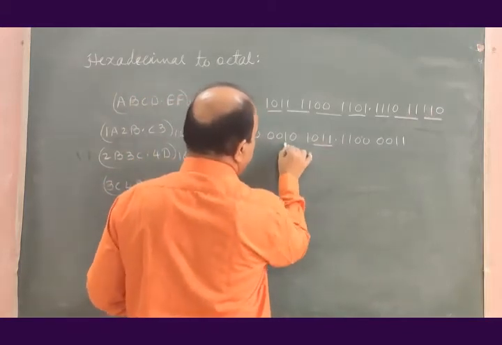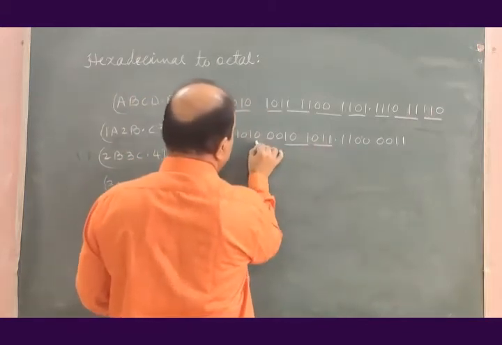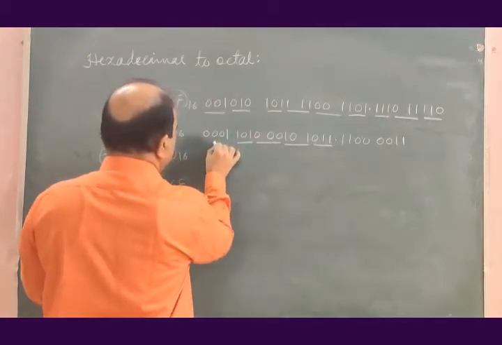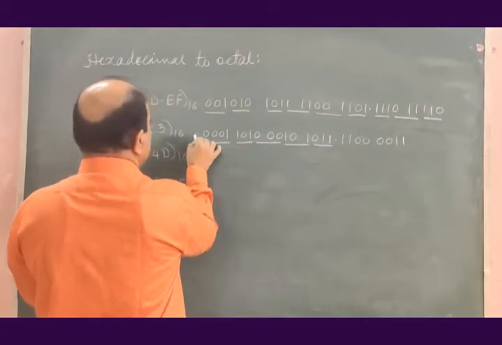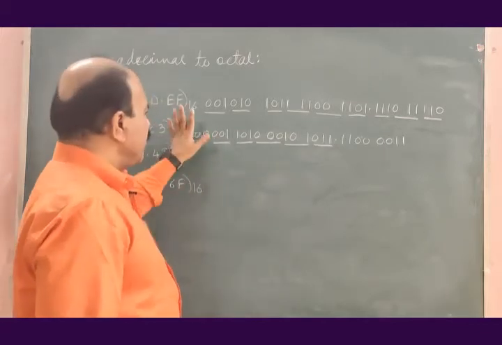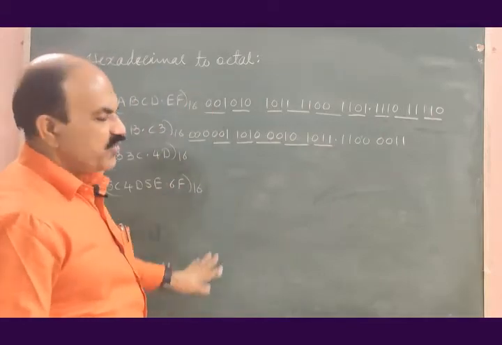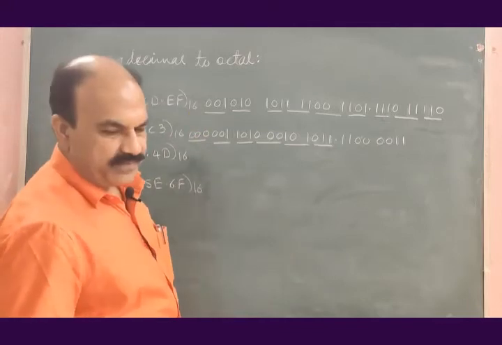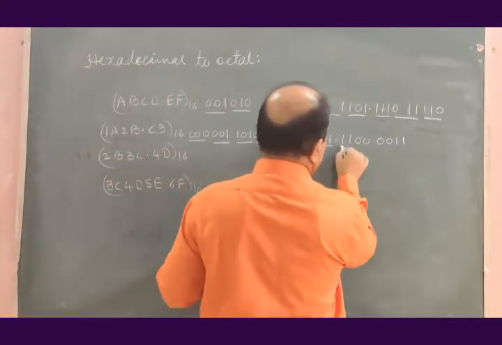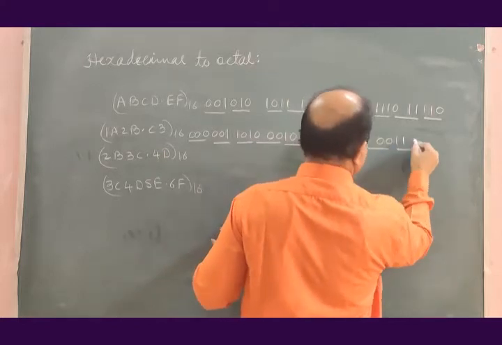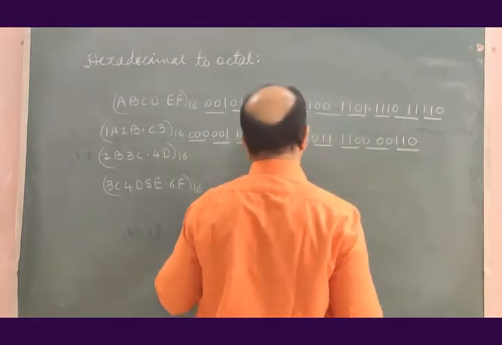One group, second group, third group, fourth one, fifth one, sixth one. All these are zeros, so there is no need to add zeros, because this is going to give us zeros. You just omit this. Then 3, and 1 bit is short, so add 0.